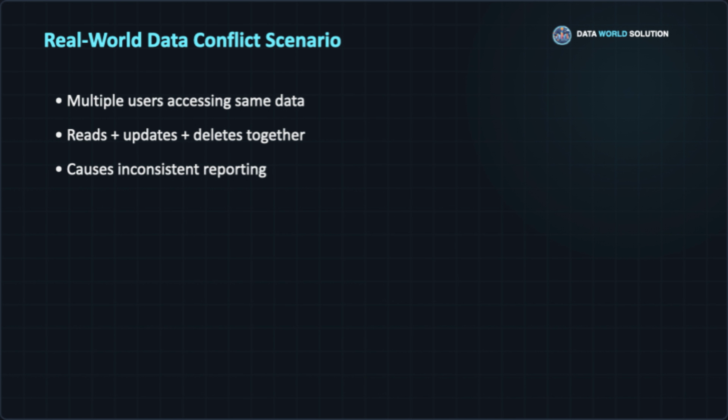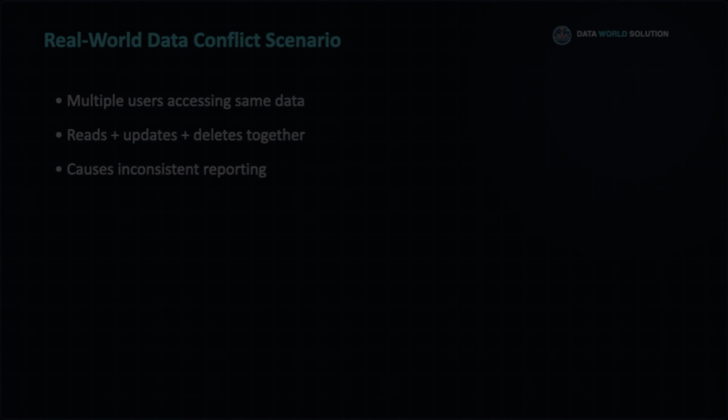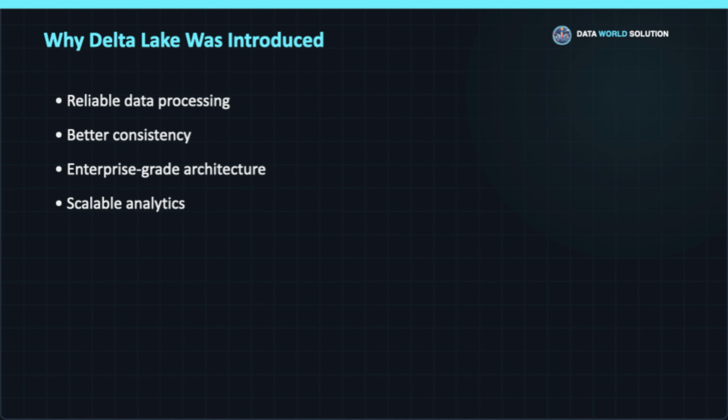This creates problems like dirty reads, partial updates, corrupted data, inconsistent reporting. Traditional data lakes also struggle with updating records, deleting records, handling streaming plus batch together, schema mismatch, file corruption recovery. This is why companies needed something more reliable, and Delta Lake was introduced.